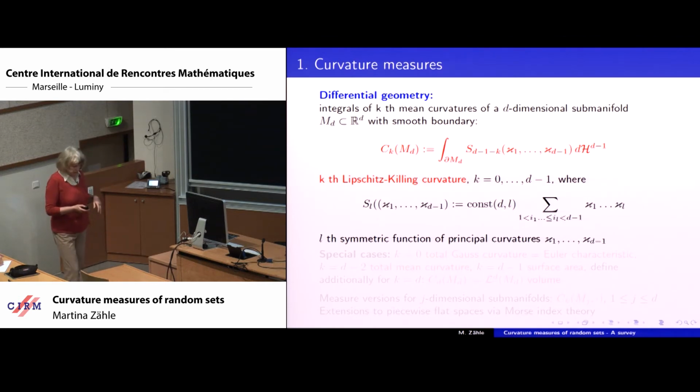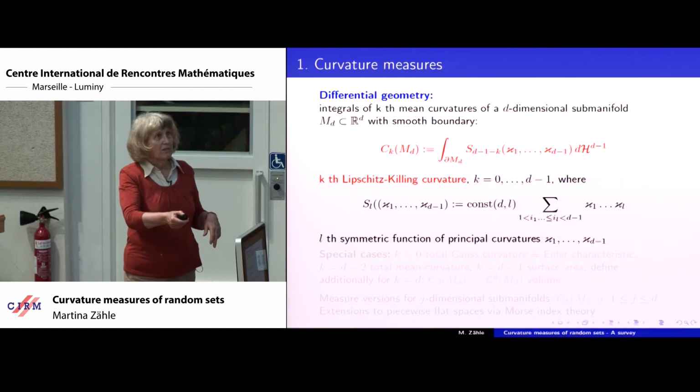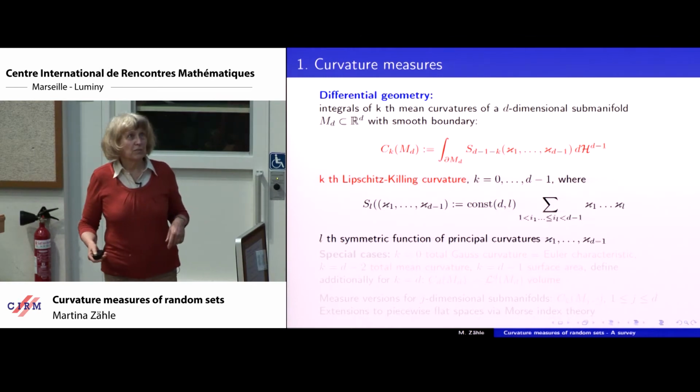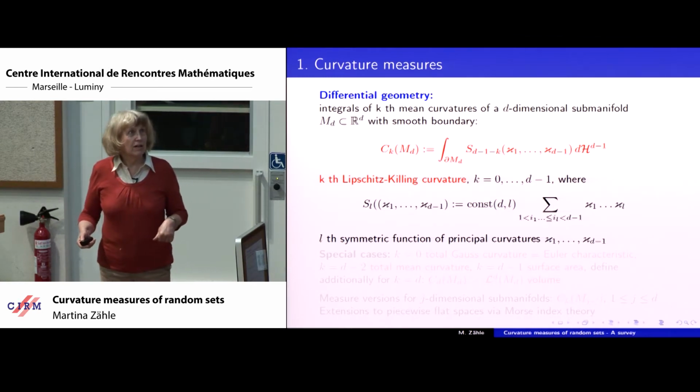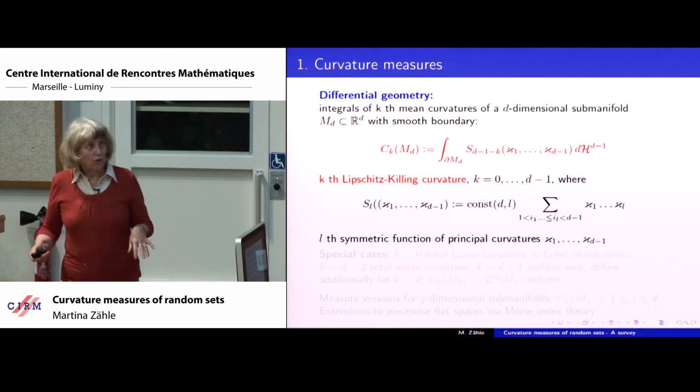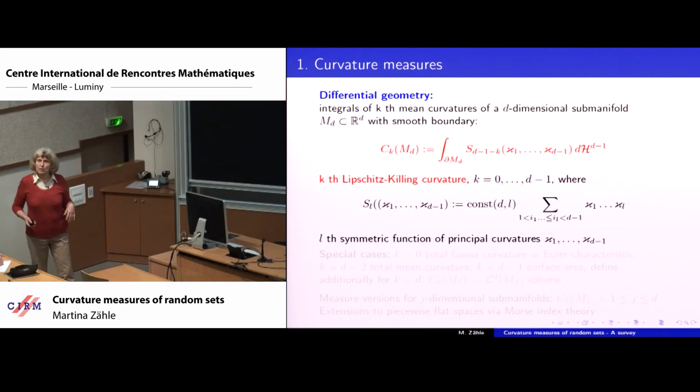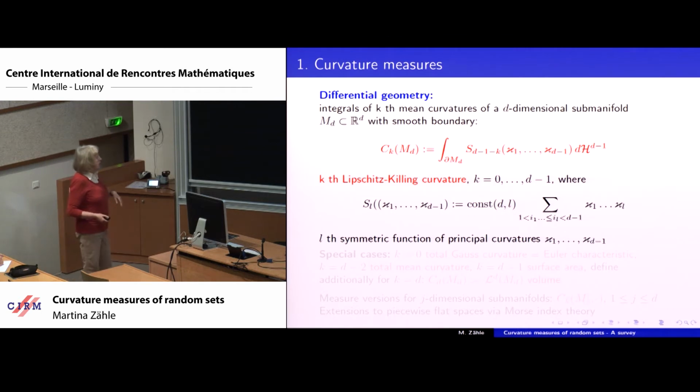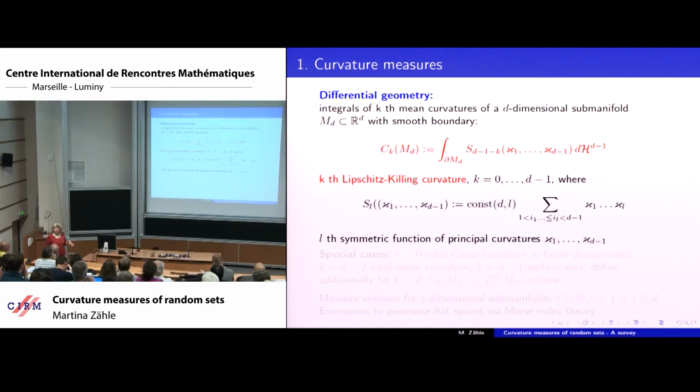The symmetric functions are recalled here: we take the products of the principal curvatures of a certain order and sum them up over all these tuples, with certain constants known from convex geometry. If one integrates this over the surface with respect to the surface area measure, the Hausdorff measure of order d-1, one arrives at the curvature measures.